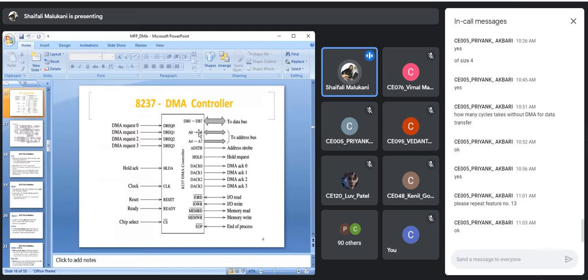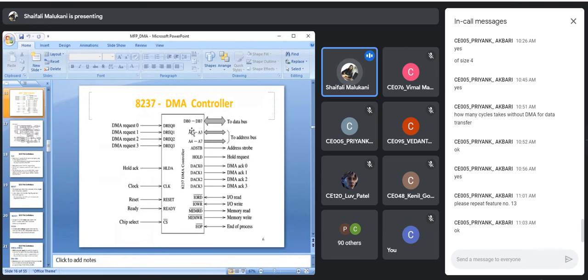It will need the addresses, right? So you will say, does that mean that 8237 has just 8 address lines? The answer is yes, it has 8 address lines, A0 to A7 only. But it can address 64k at the same time.